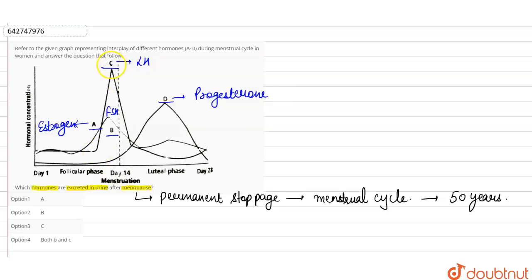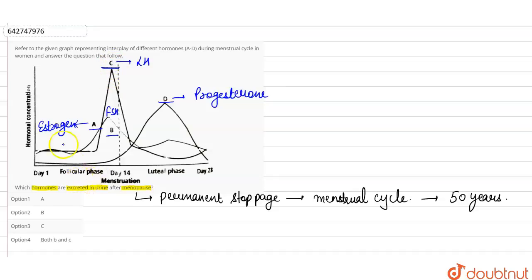C is the LH, because around the 14th day, when ovulation is most likely to happen, there is an LH surge, which is a sudden hike in the level of LH, seen in the labeled part C.